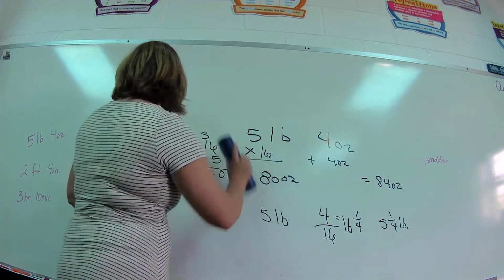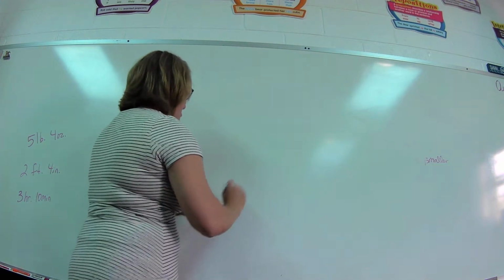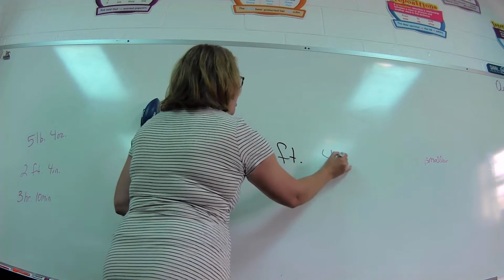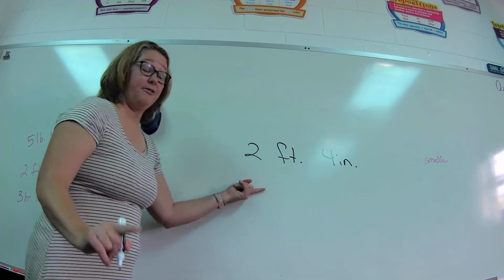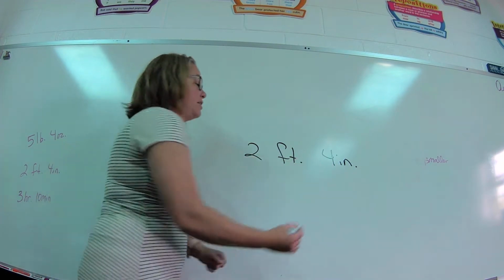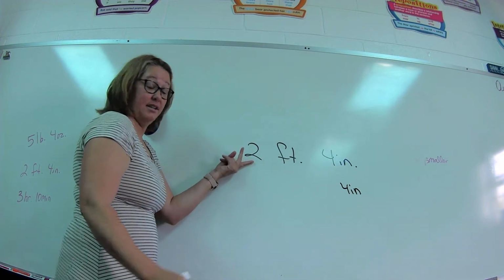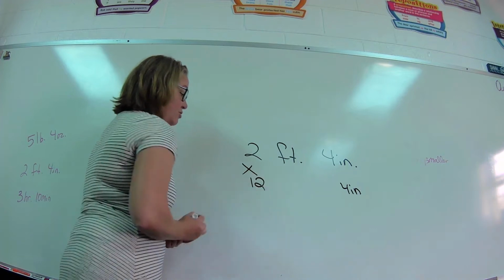All right, let's do another one. Let's do 2 feet and 4 inches. Which is the smaller? We're going to the smaller first. Inches is smaller, so let's leave 4 inches. Let's change feet to inches. So multiply by 12.